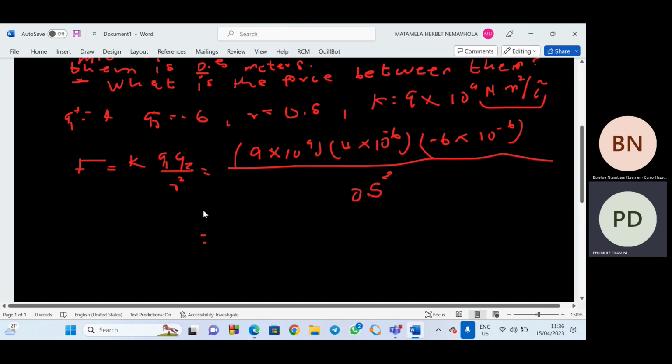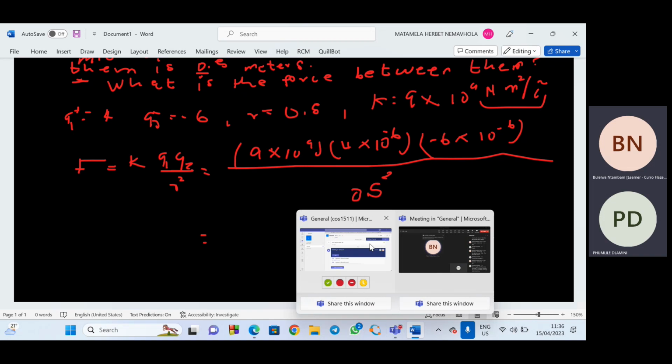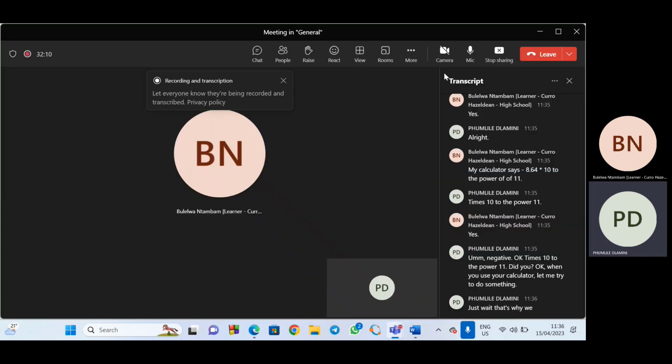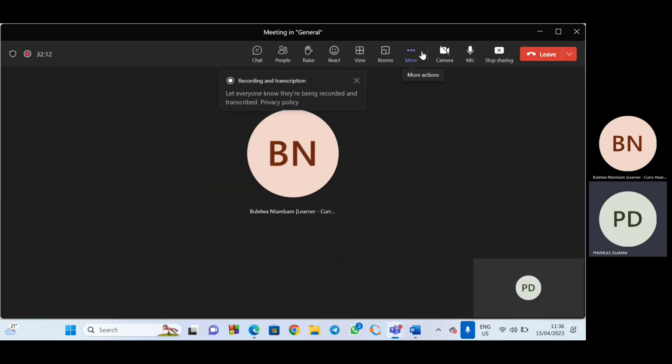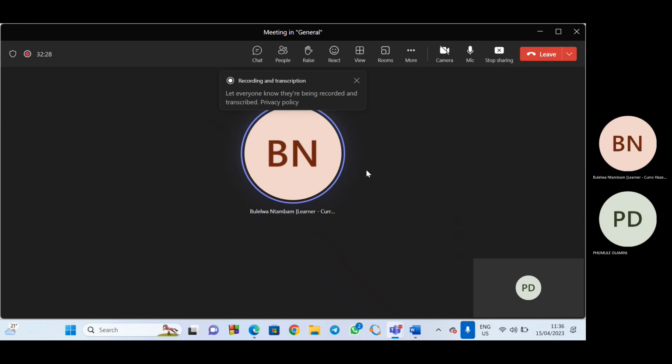Okay, when you use your calculator, let me try to do something. You are using a Casio. Take a picture of the screen showing how you wrote it.